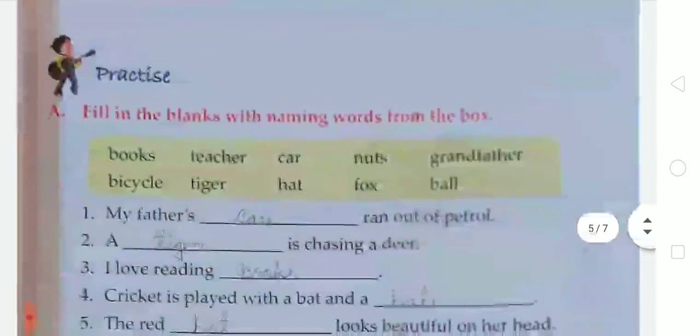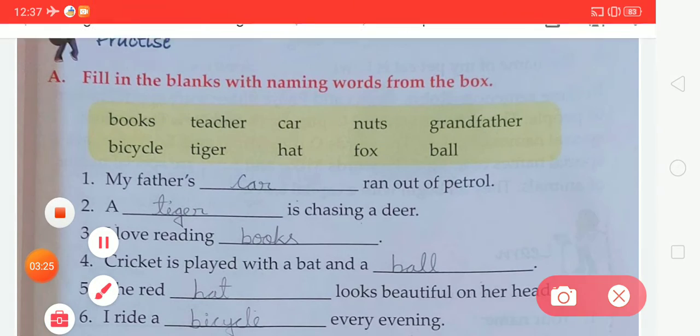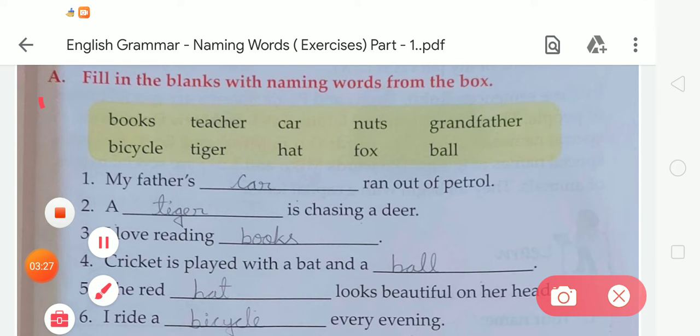Students, this next exercise is fill in the blanks with naming words from the box. What will we do in this exercise? Here is exercise A, fill in the blanks with the naming words from the box. As you can see on the screen, there is a box and some words are given in the box. We have to choose the correct one and write it on the given blanks according to the sentences.